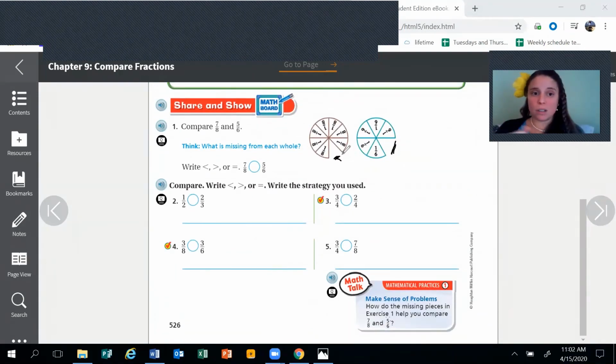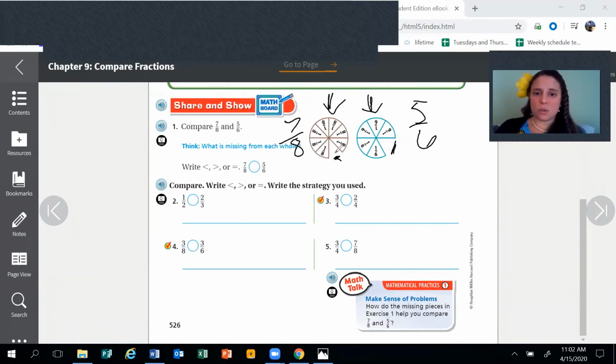All right. Let's go ahead and look at number 1, just because this concept's a little bit more difficult and harder to wrap your brain around. So what we're doing is we are looking at the missing pieces, and they were nice enough to already draw the fractions for us. This one is 7/8, and this one is 5/6.